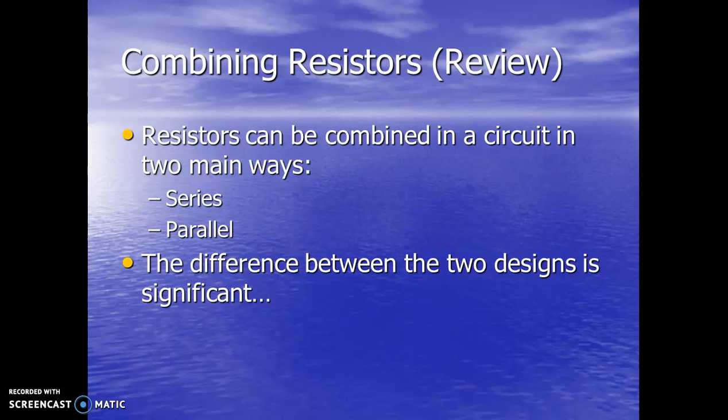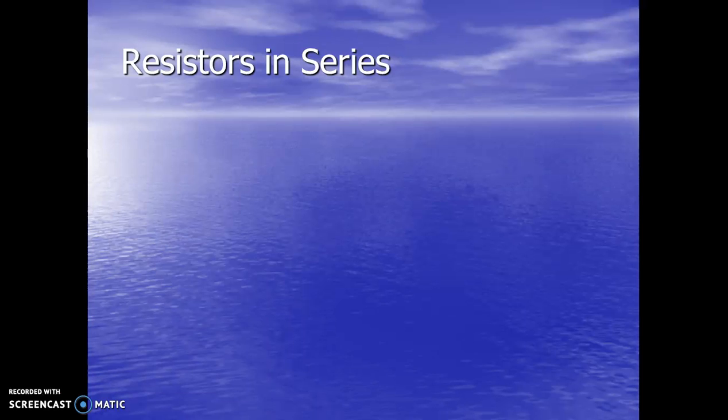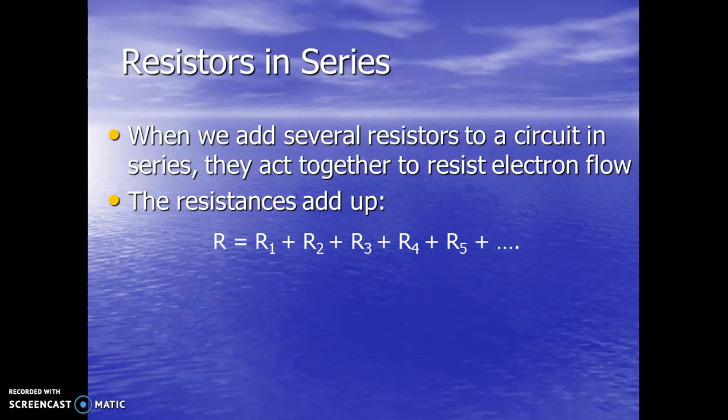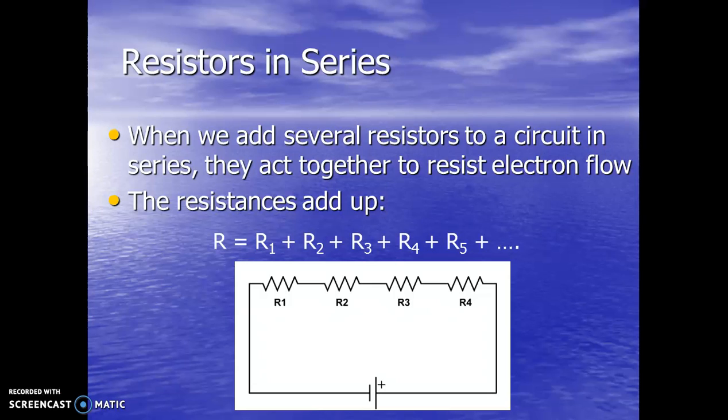You need to be able to understand what happens there. So when we put resistors in series, they combine to resist the flow of current. They act together to resist electron flow, and we simply add their resistances up. The effective resistance is equal to the sum of the resistance of the individual resistors. Very straightforward.